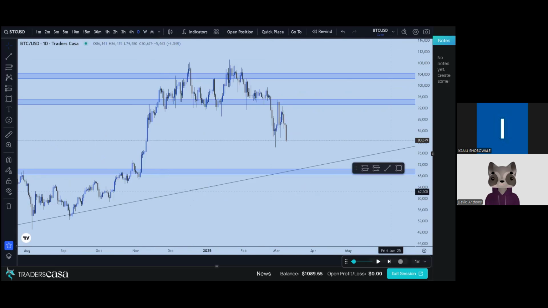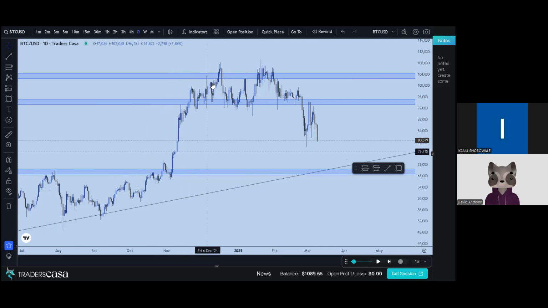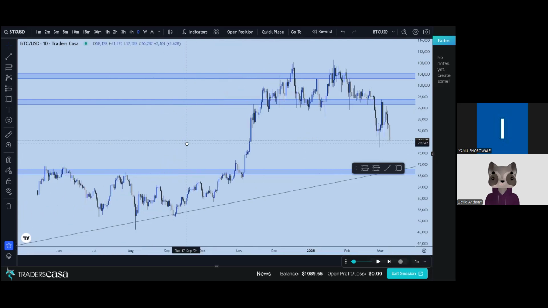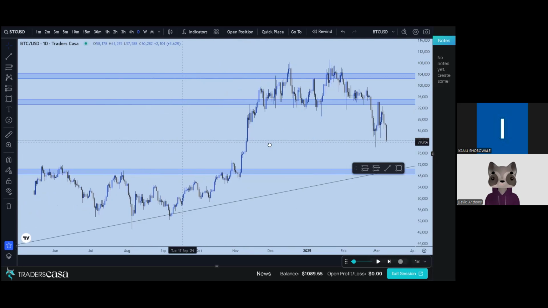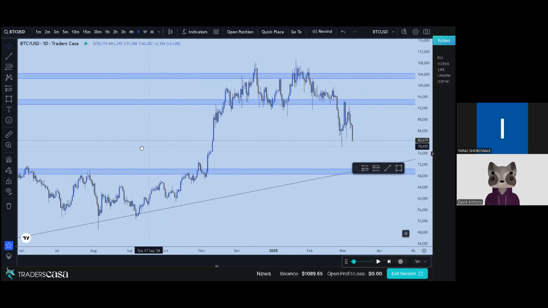Now, on the daily time frame, the same thing. We want to identify our trend, right? Now, we can adjust our zone a bit. Okay, not necessarily. I don't think there's much to do. I think this is perfect. I think the zone is okay.